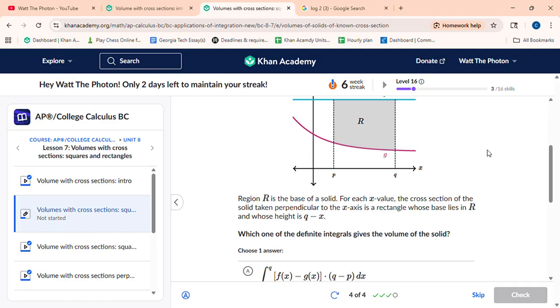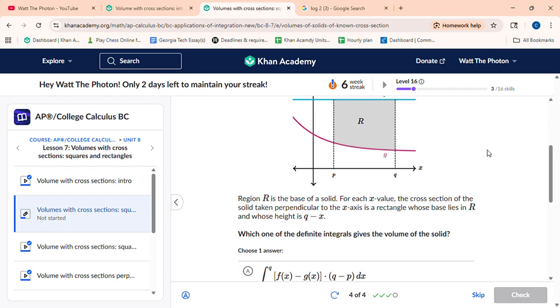Let's see. So we have the integral, x-axis, so y equals 0, y equals f of x.